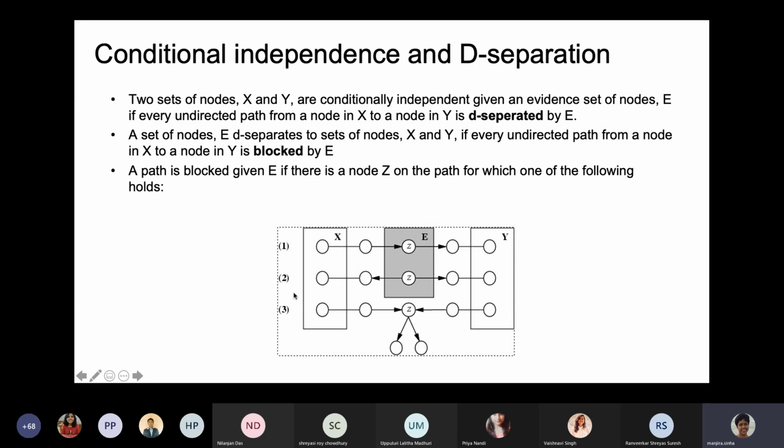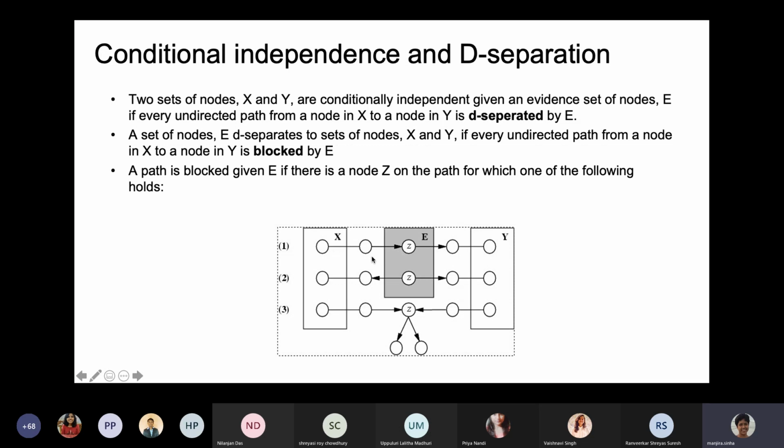So if any of these three conditions holds, now in these three conditions, we are considering the directions to specify different conditions. But if you see the undirected case, in every case E is blocking the X and Y pathway.